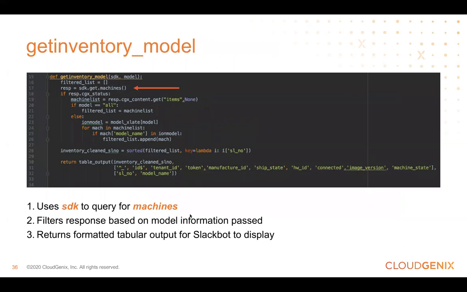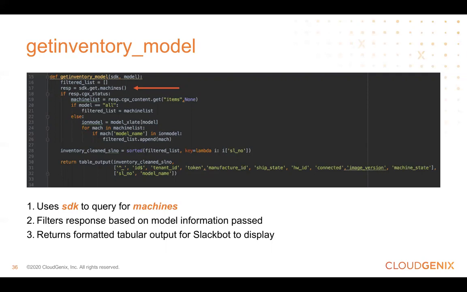So it's three simple steps that this function does. It uses the SDK to query for machines. This is something that you might have explored yesterday: how our SDK supports these different HTTPS methods and how we have different resources that you can query for. If you take a look at our GitHub or our developers portal, you can see the bunch of different resources that we support. Machines, in the CloudGenix language, is basically all our devices.